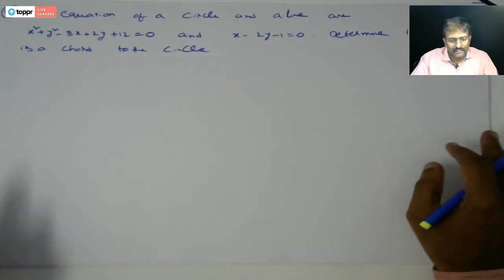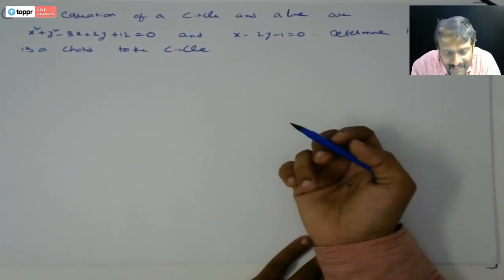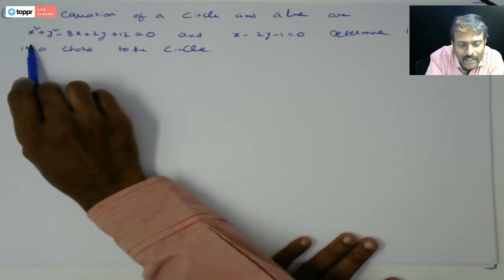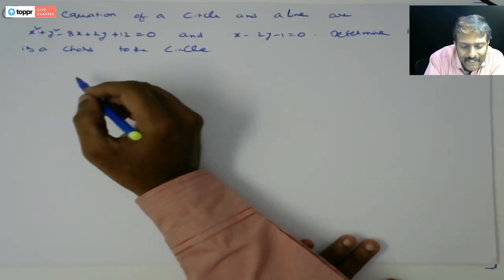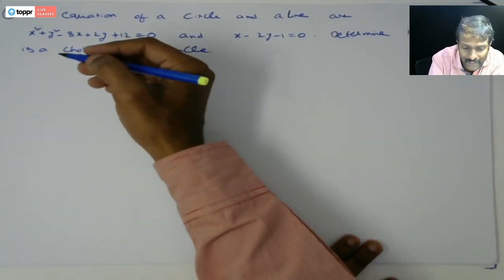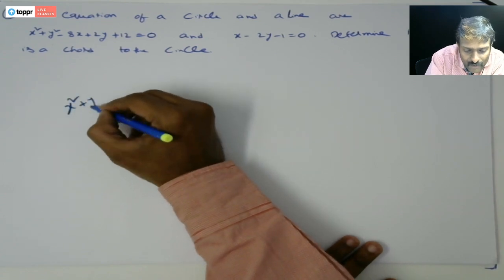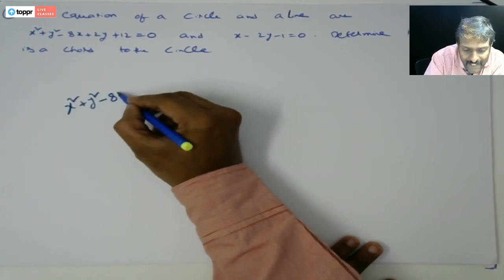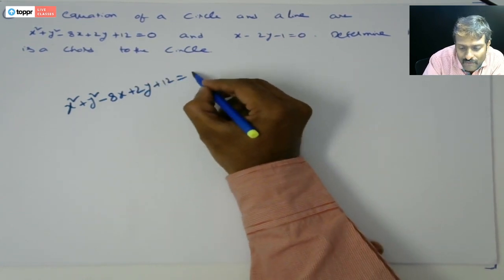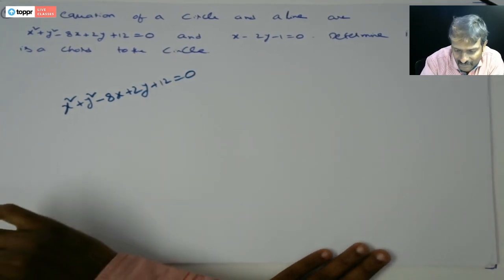And the fourth question is, the equation of a circle and a line are given to us here, right? See, the equation of the circle is given as x square plus y square minus... let me write the equation. I'm not sure if you can see it, so I'm writing it a little big here. The equation of the circle given is x square plus y square minus 8x plus 2y plus 12 equals 0.